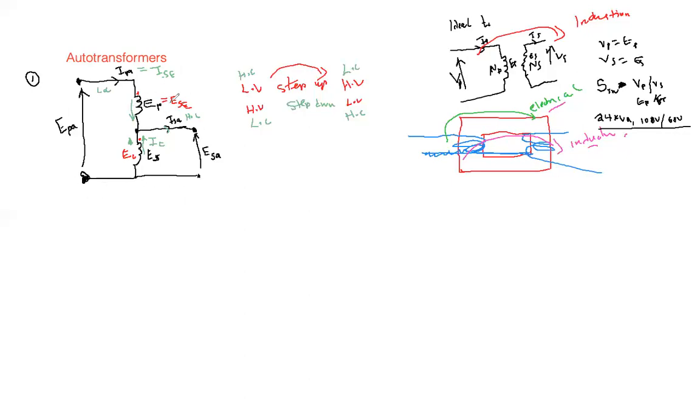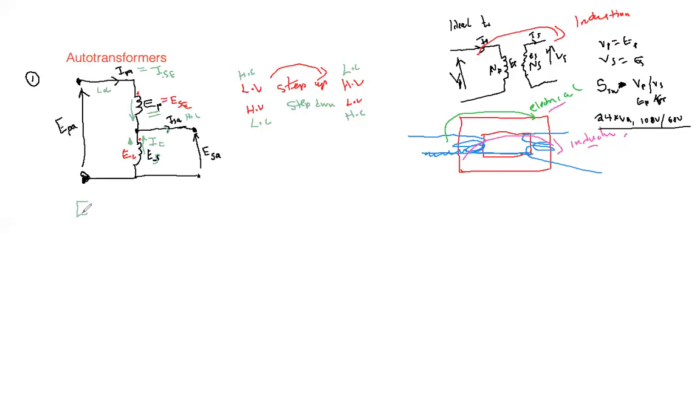Remember, all these things are coming from the secondary winding. So from the two-winding transformer we have EP, and that EP on the autotransformer is now called ESE. And then we have ES, and that ES on the autotransformer is known as EC, which is pretty simple.